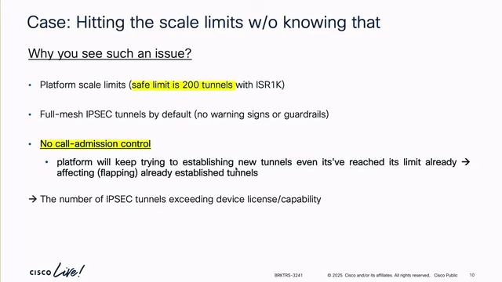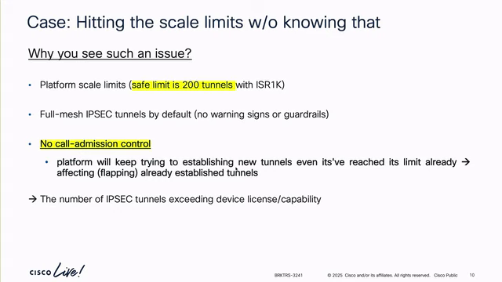Whenever you are not using any policies which limit the number of tunnels you are trying to establish from each device, each device will try to establish a full mesh to any other device. Again, this is a very basic one, just to warm up. Nowadays, I need to admit that it's not very common, but in the initial days of Viptela and SD-WAN and Cisco, that was something, to be honest.